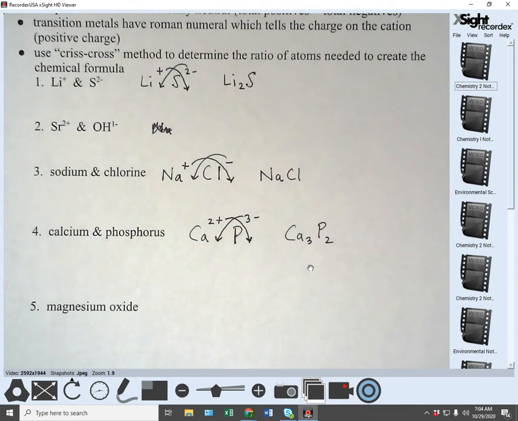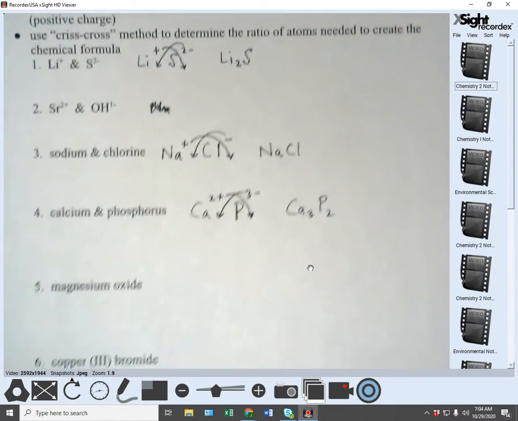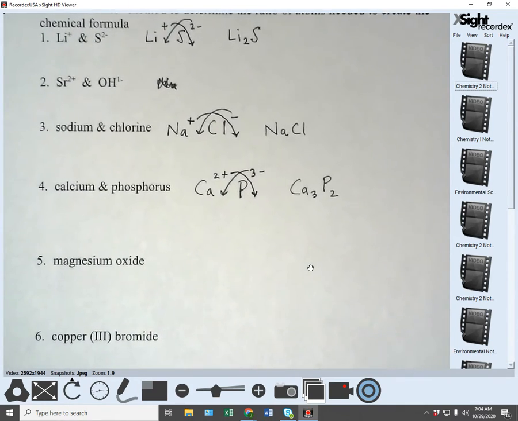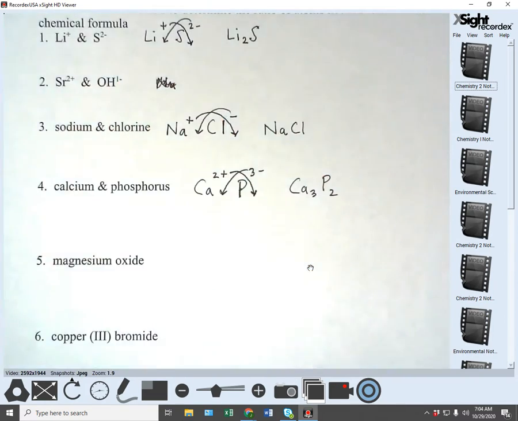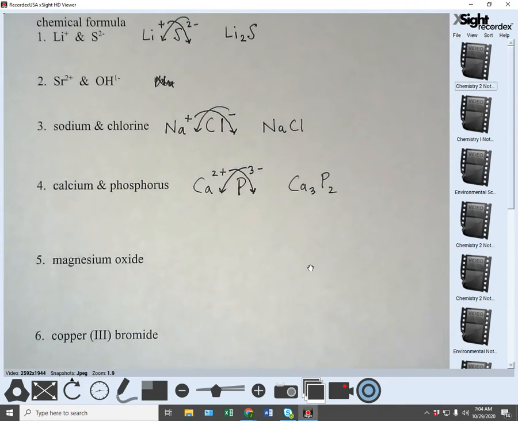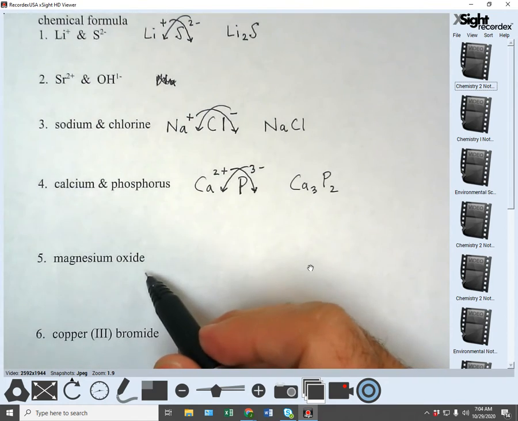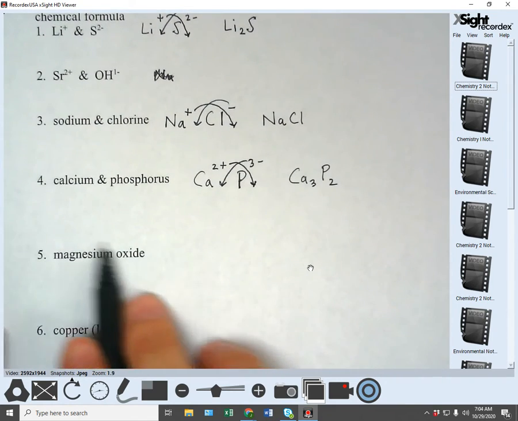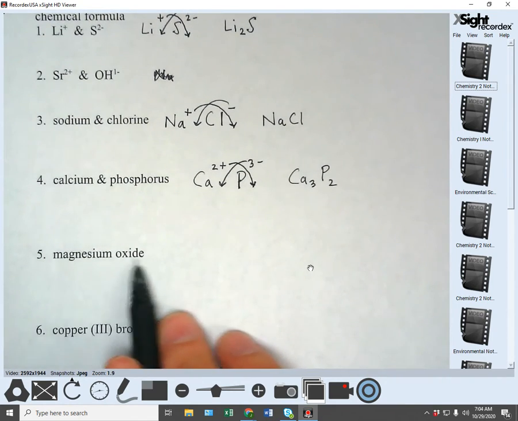Okay. All right, let's take a look at number 5. So I skipped number 2 on purpose. That'll be on tomorrow's. Okay. So let's take a look at number 5. This is the actual formula name, magnesium oxide. They changed the ending of our monatomic anions to ide.